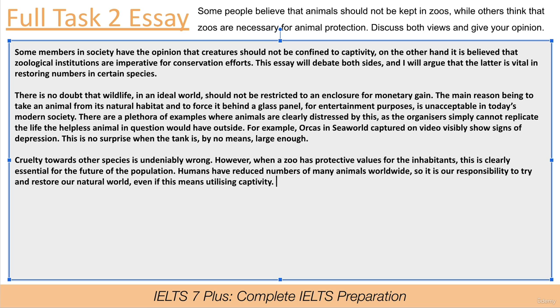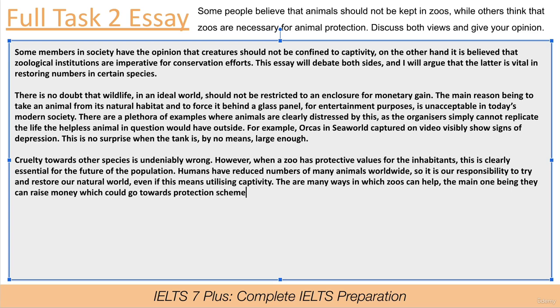Let's go into what zoos can do to help. So there are many ways in which zoos can help, the main one being they can raise money which could go towards protection schemes such as financing park rangers to spot poachers.